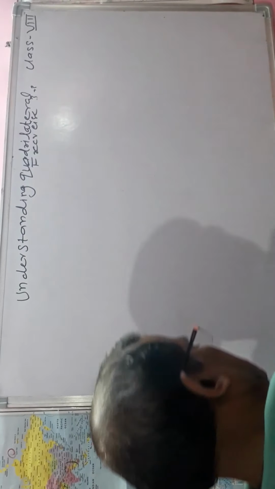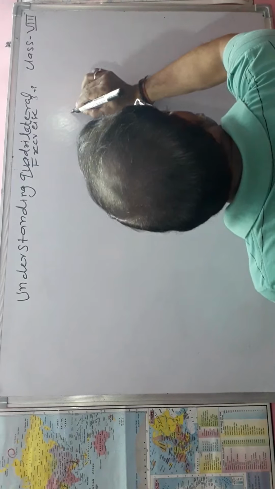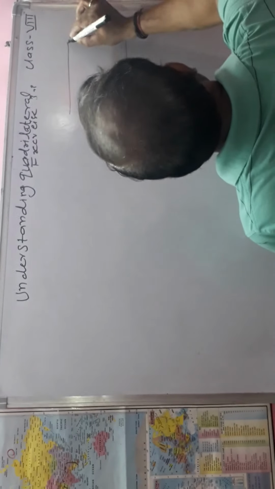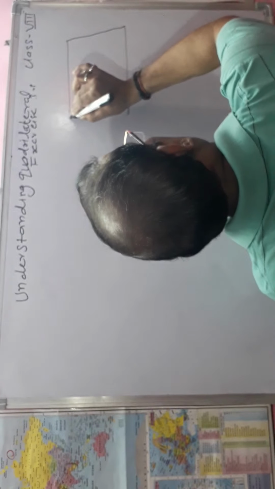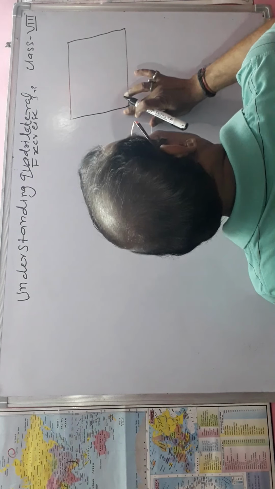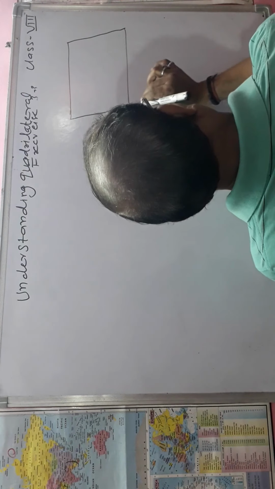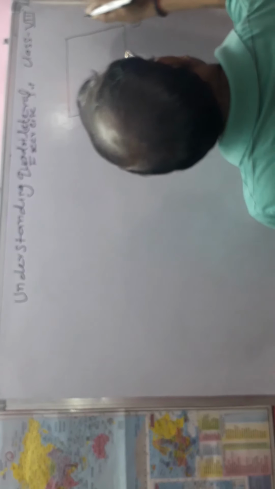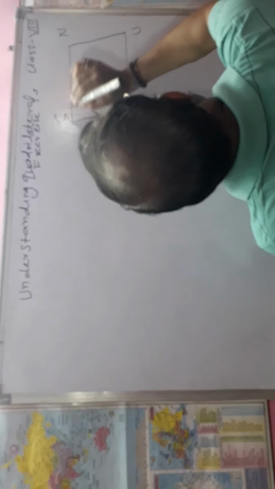Now third part is. It is a parallelogram. RUNS is a parallelogram.